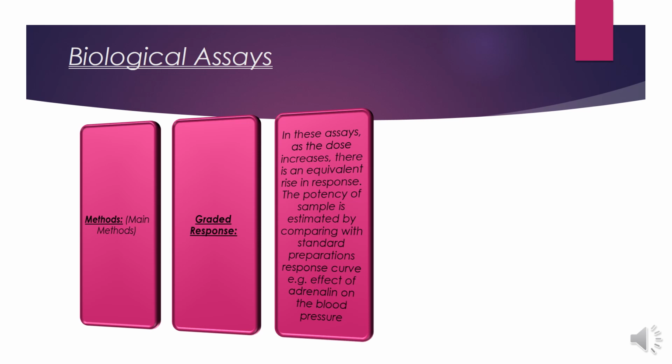Those types of assays are termed as graded responses, in which different doses are used, initially the low doses and then more doses, and then compared. In how much dose how much response was observed, so that's why they are termed as graded response bioassays.